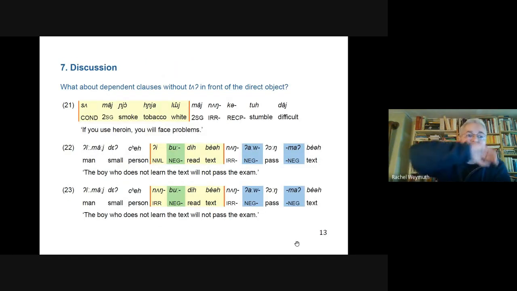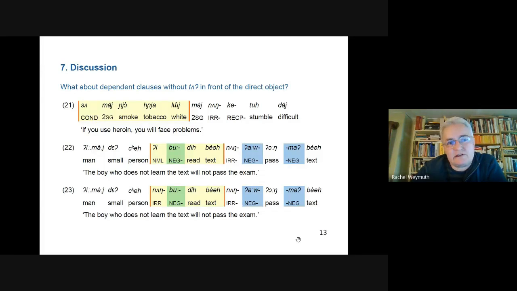So then the discussion. There are several dependent clauses without ta in front of the direct object. So why is this the case? Example 21 is a conditional clause, meaning: if you take heroin, you will face problems.